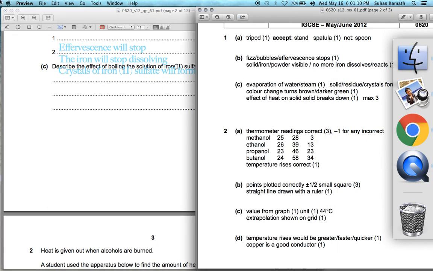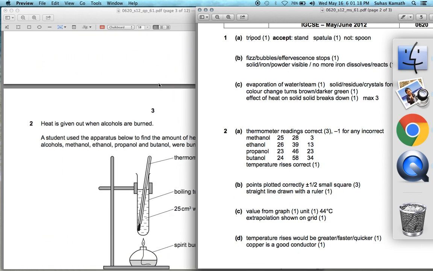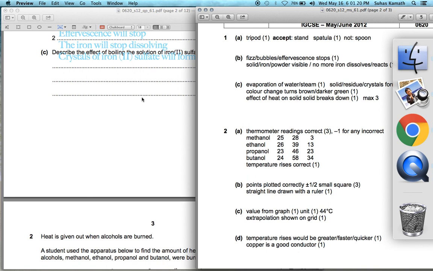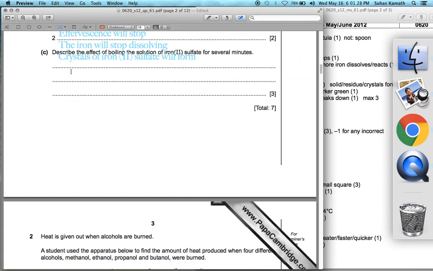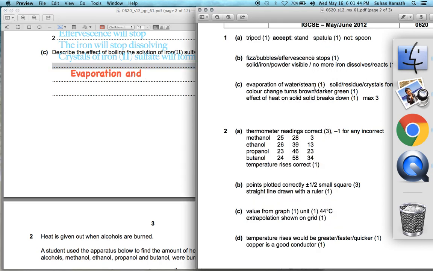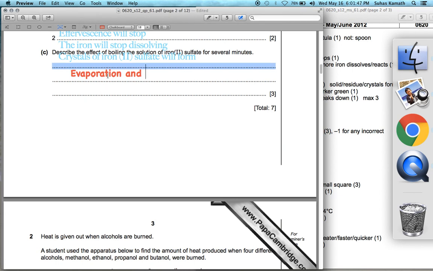So number 1, effervescence will stop. Iron no more dissolves. Evaporation of water. Crystals form. Corrosion. Okay, so you can say evaporation of water and color change.